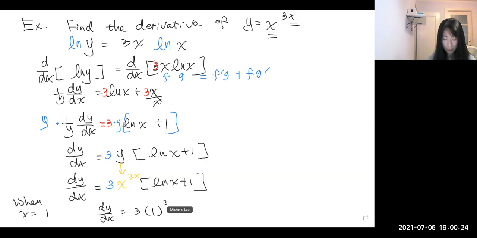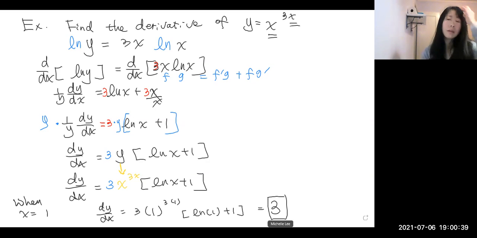Can you please calculate this one? So we get 3, right? ln 1 is 0, there is 1, 3 times 1, which is 3.